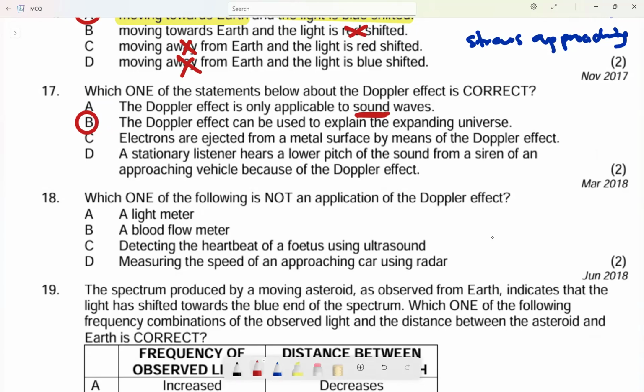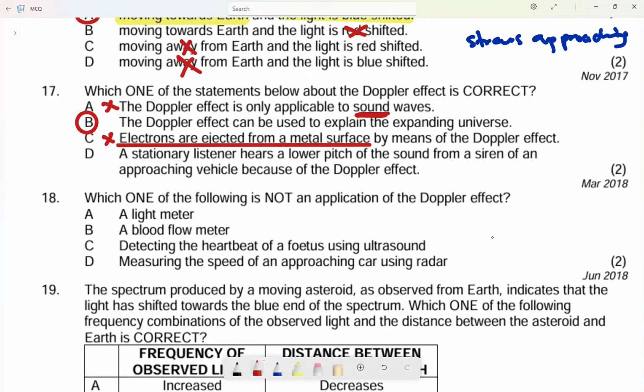Next, C: electrons are ejected from a metal surface by means of Doppler effect. This is just the definition of the photoelectric effect, the topic of electrons being ejected from a metal surface. So this is wrong.